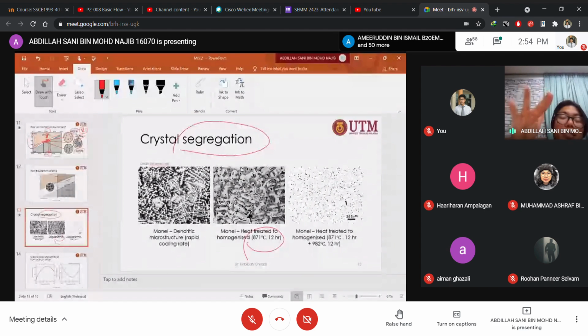Okay, but it is not in equilibrium condition. It occurs due to the fast cooling. It's not the most stable state. So to promote the actual equilibrium state, we do heat treatment.